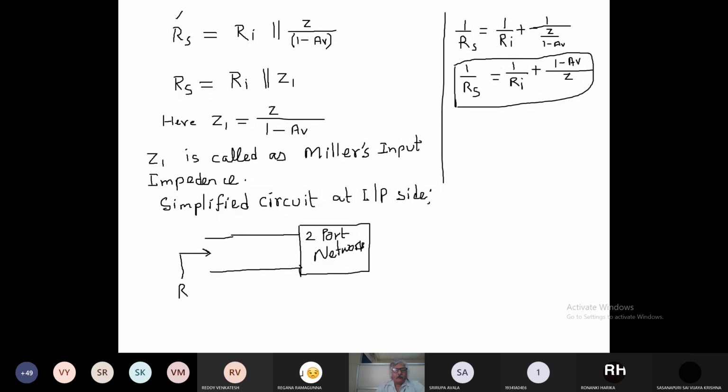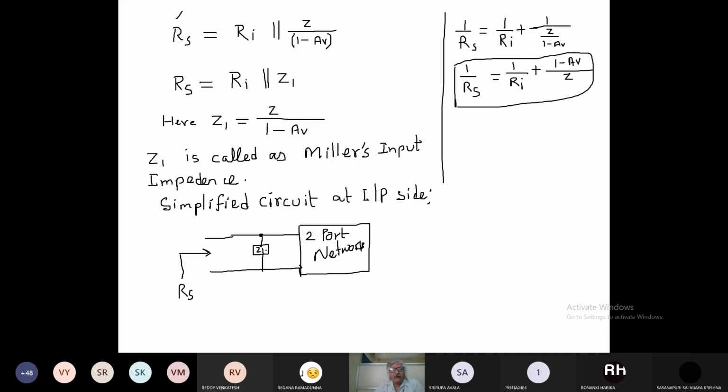Here we have Rs and here we have now Z1, right? So we have removed that Z which was connected at the input and output section, and in place of that we have connected one Miller input impedance Z1 whose value will be Z divided by 1 minus voltage gain, right?